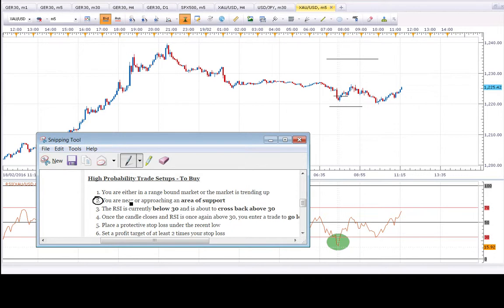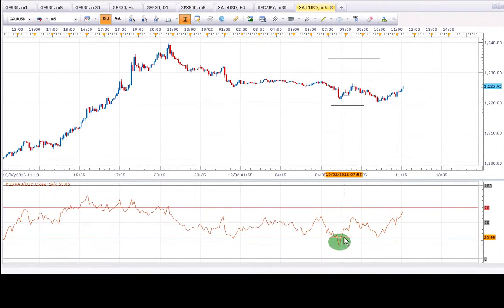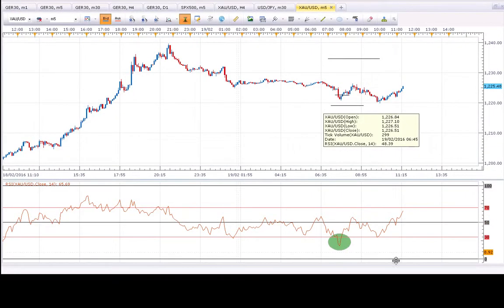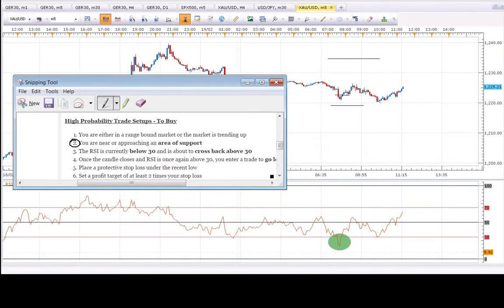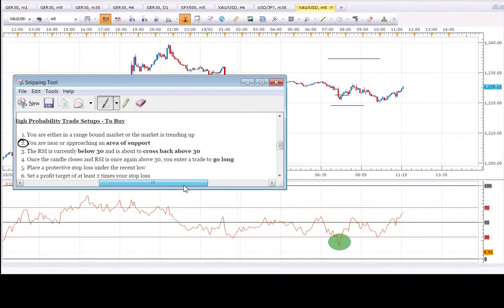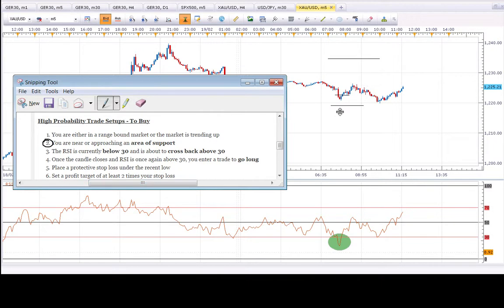RSI crossed below 30. Yes, it did. About to cross back above 30, which it did. The candle closes. RSI is now above 30. You go long. Place your protective stop below the recent low. And then go at least 2 times the money. That's the goal.